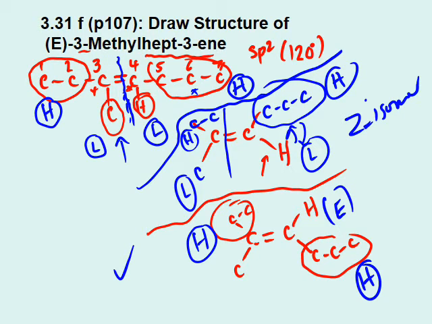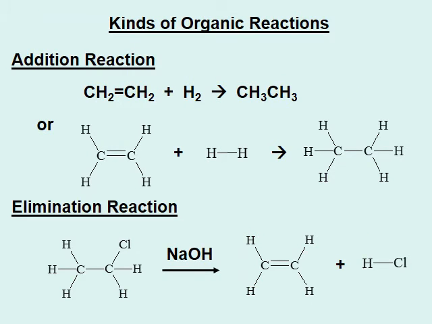When you get experience, you can quickly write down the right structure right away rather than going through E or Z. I've shown you that if you mistakenly get Z, you can quickly change it back to E just by switching 2 of the substituents on one side of the carbon-carbon double bond. So this is our intended structure, which is E-3-methylhept-3-ene.